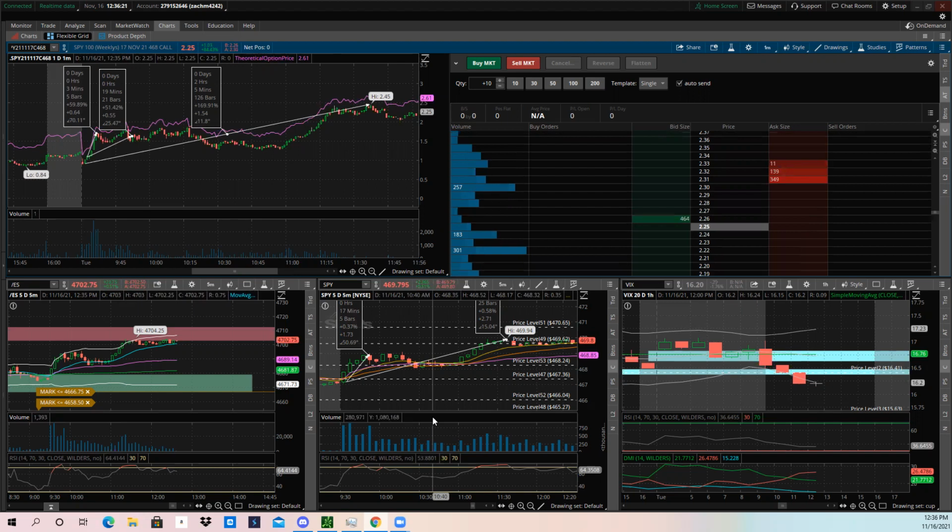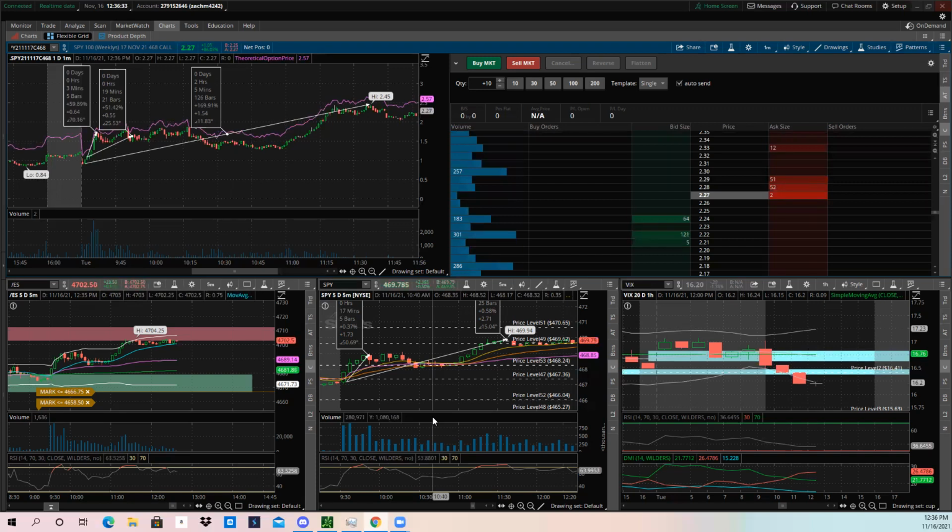The high liquidity and high volatility are very good. The SPY and the /ES, the S&P futures, are very easy to chart. And then you have the volatility index, the VIX, combined with that. It gives you a lot of different plays that you can look for.